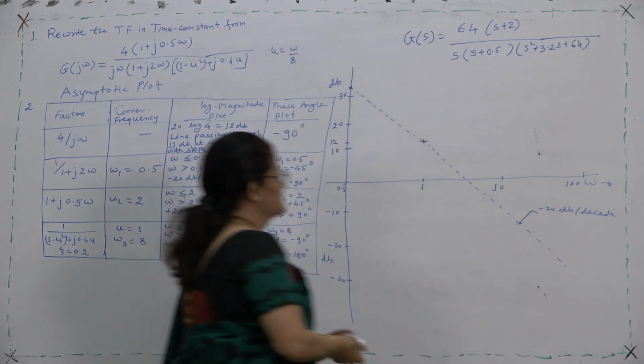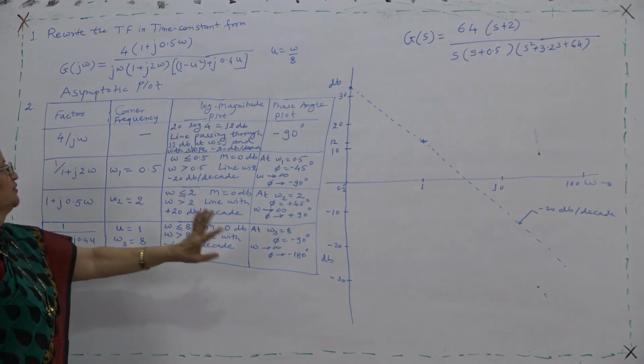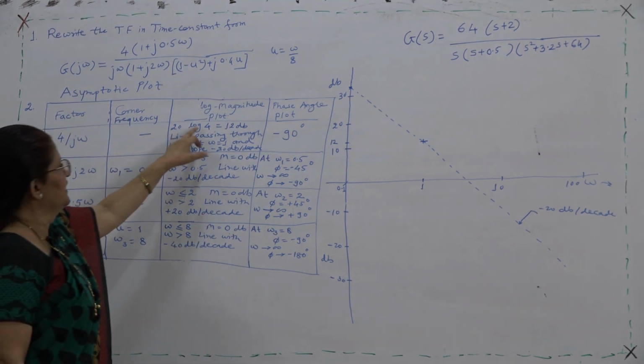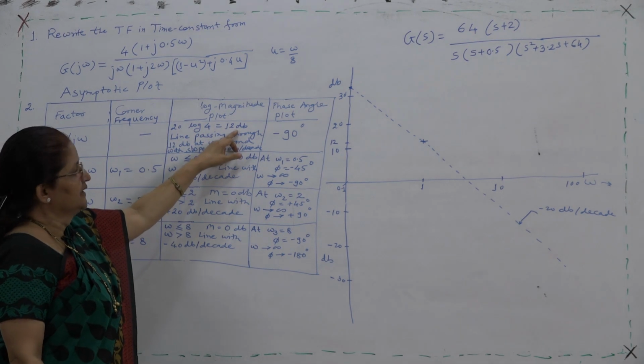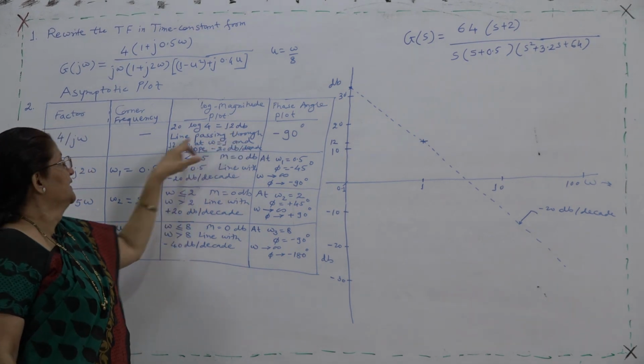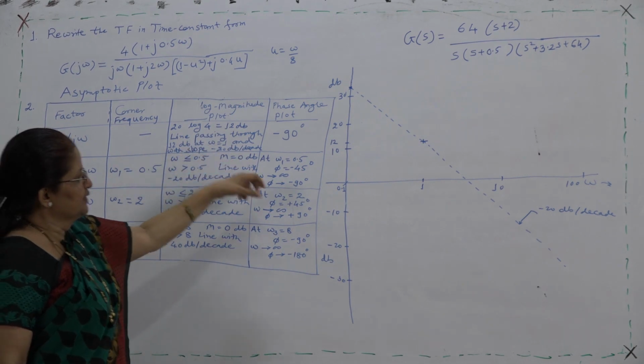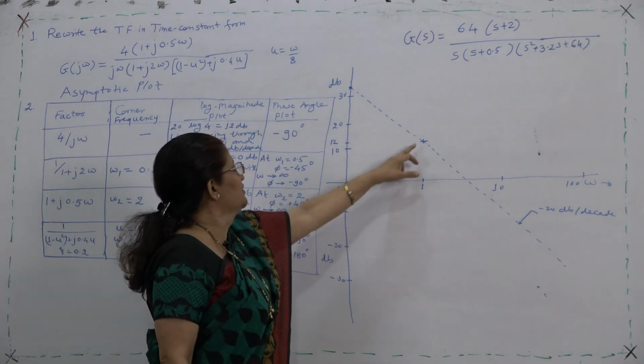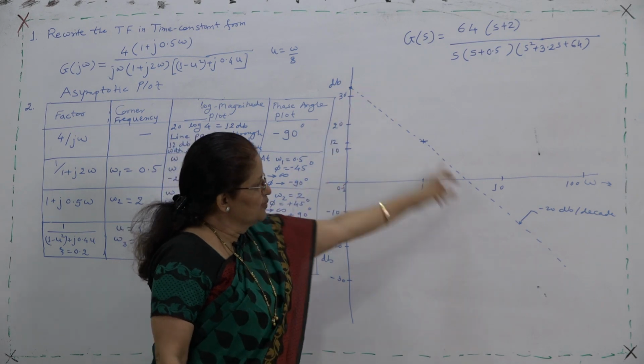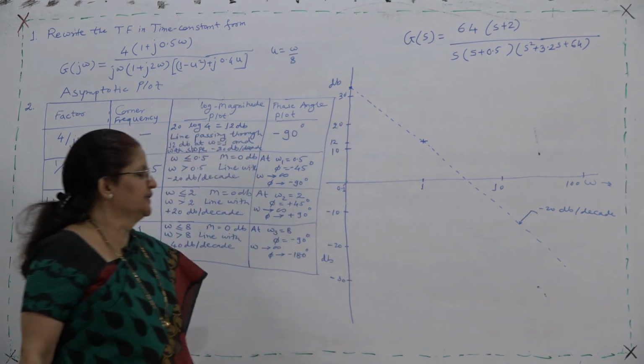See whether whatever is described in the table and you have drawn it. What we have described here, 20 log of 4 is 12 dB, that first we have to calculate. Then line passing through 12 dB at omega is equal to 1, and slope of the line is minus 20 dB per decade.